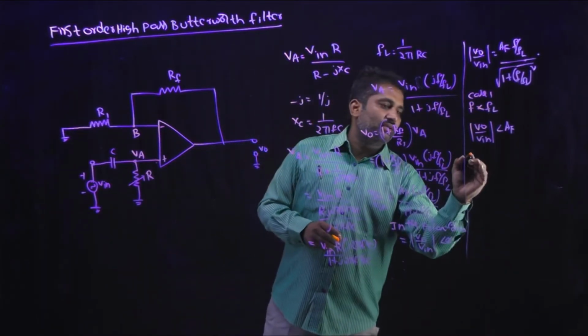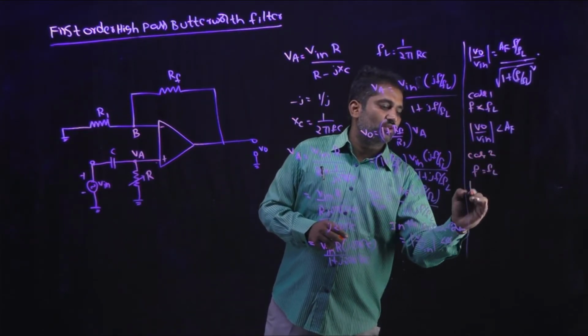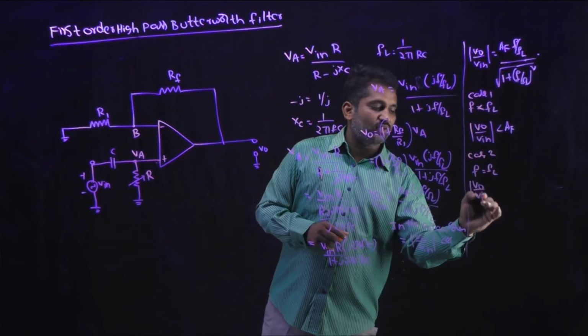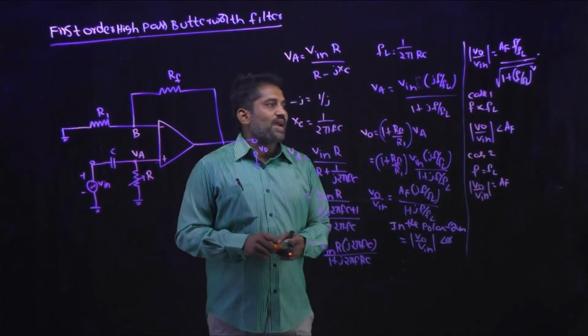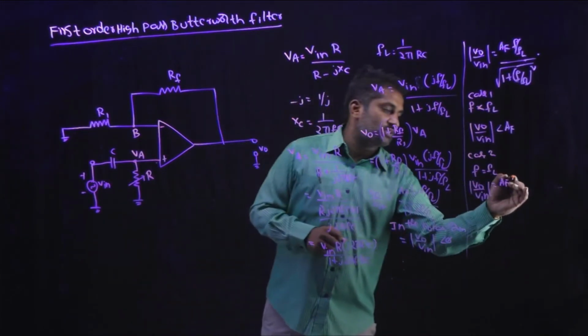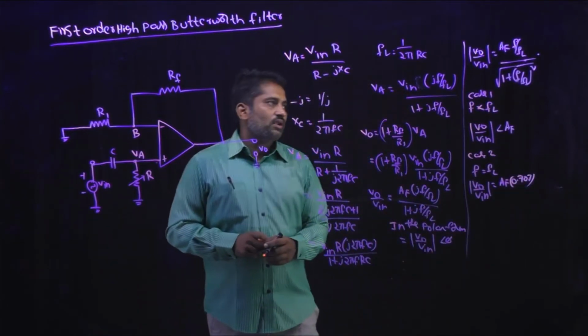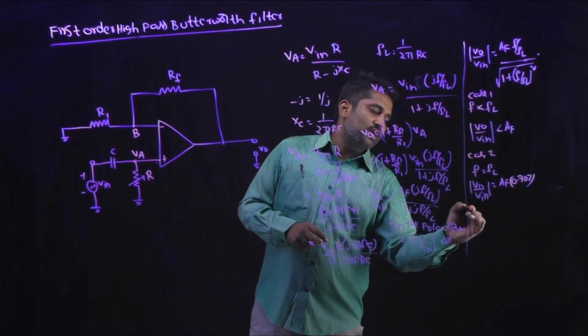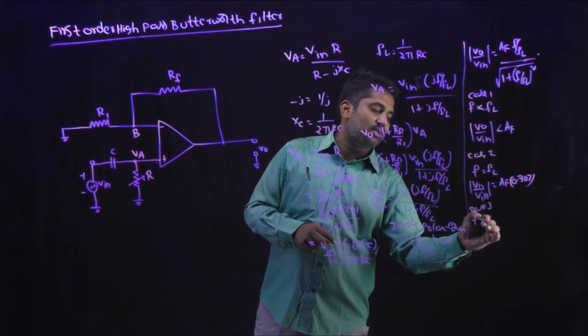Case 2: what happens when F is equal to FL. So modulus of V0 by Vin is equal to AF divided by square root of 2, which is nothing but 0.707 into AF. And last but not the least, case 3: what happens when F is greater than FL.